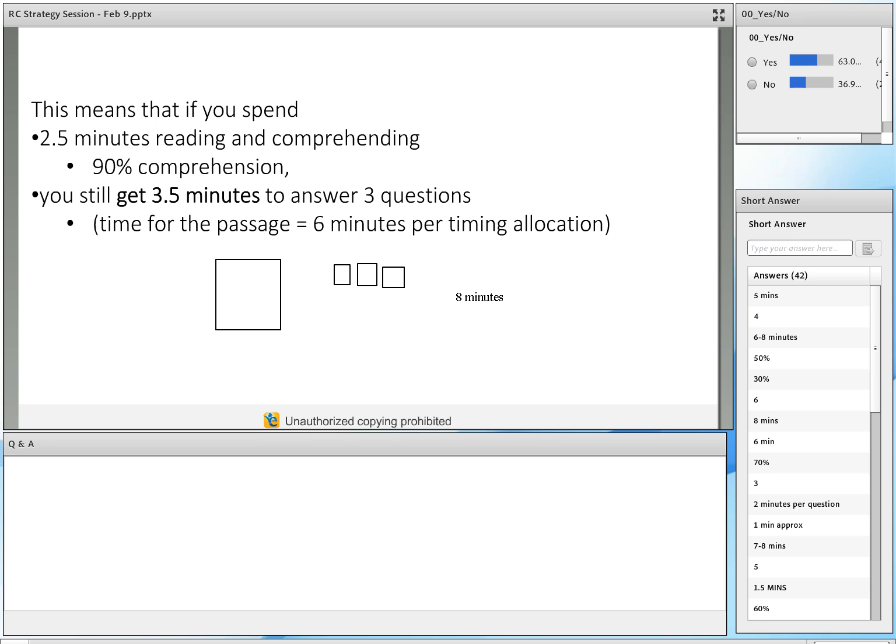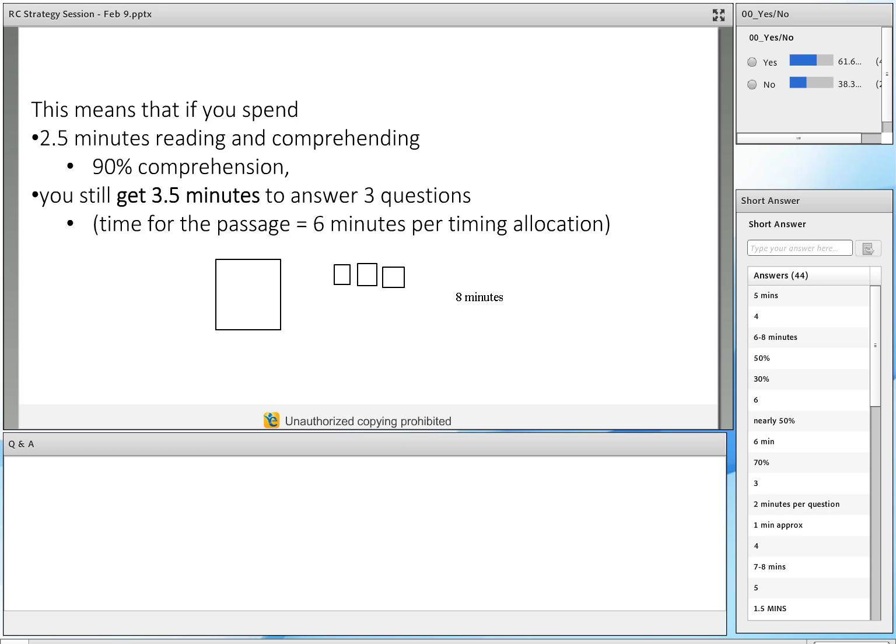And let me get you a poll here. I'll put in some percentages. Percent allocation, because that's the crux of the outcome of the process.